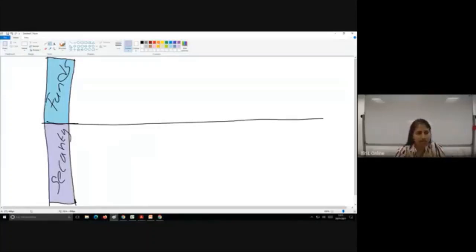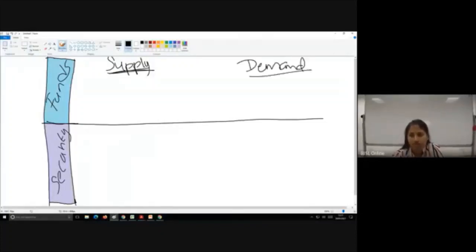Now from the fund perspective, how is the fund flow determined? Who is going to supply the funds? Who is going to demand the funds? It's going to be companies and government.